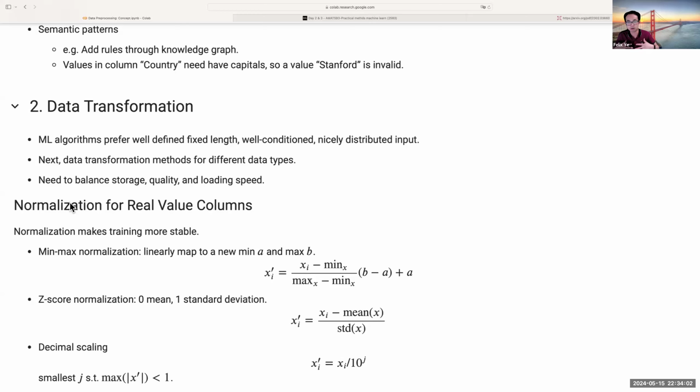You need a lot of storage, and you are going to increase the features by 200 just to accommodate this one-hot encoding for that specific categorical data set. So you need to worry about how to balance the storage. Maybe we can use sparsity to store those encodings, and so on.